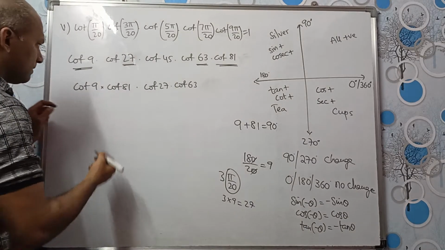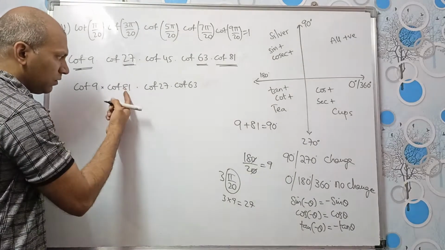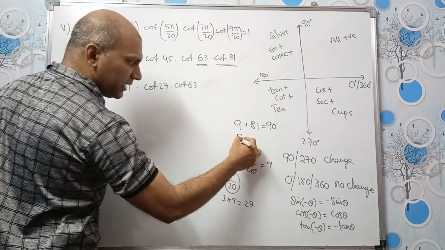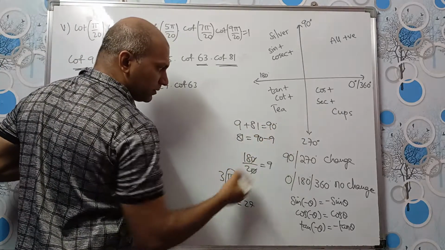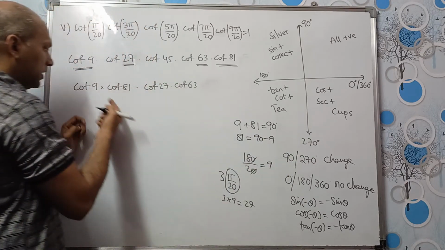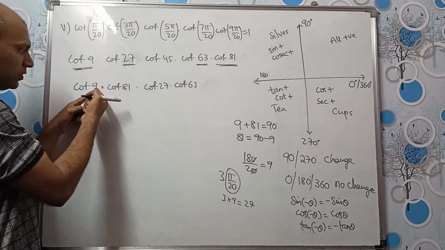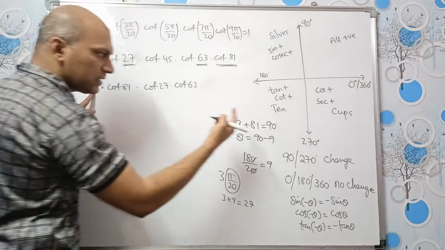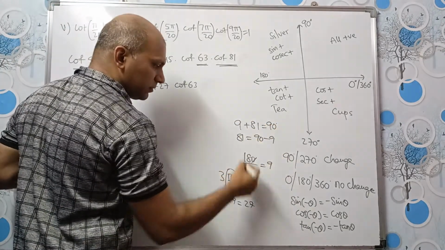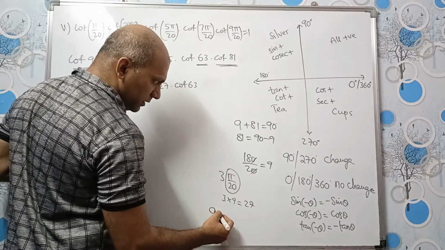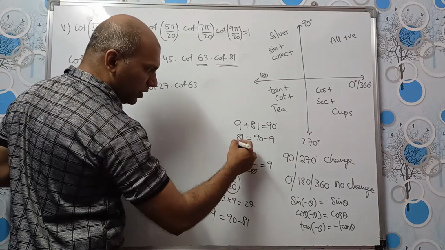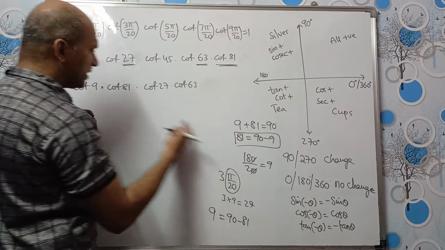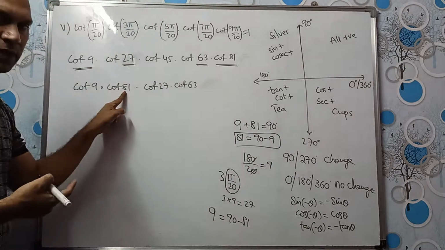Now see here. If we want to write 81, how can we write 81? 81 we can write as 90 minus 9. Or if you want to change 9, we can write it as 90 minus 81. Okay, let us change 81.